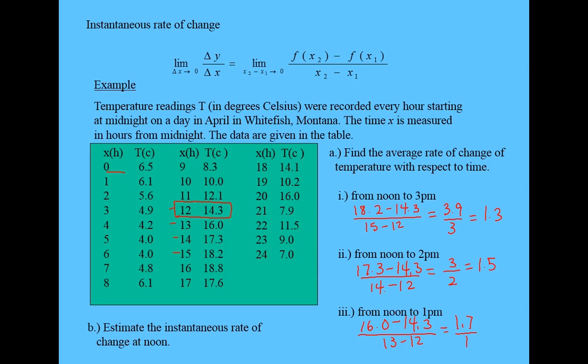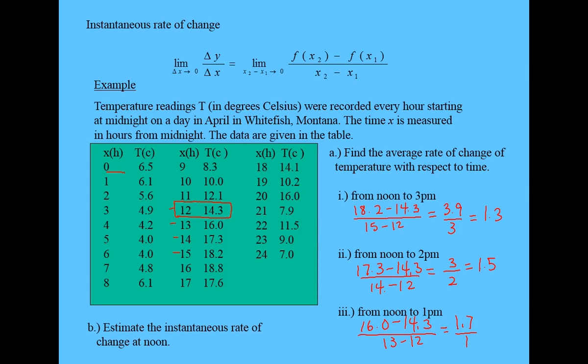Then part B asks us to find the estimate of the instantaneous rate of change at noon. Looking at the slope of these secant lines, it looks like it may be approaching 1.8, 1.9 or something around there.